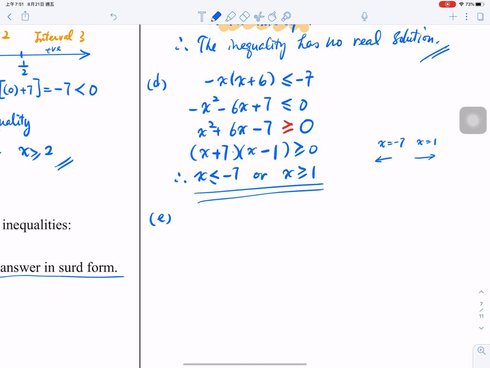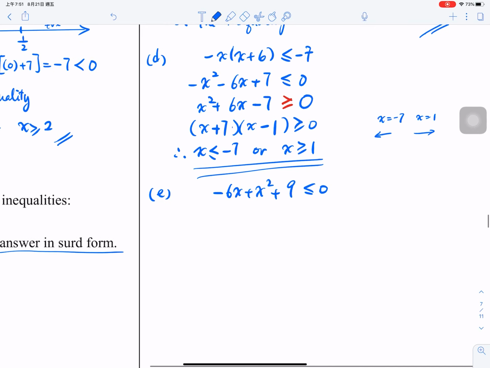Okay. Part E. Negative 6x plus x squared plus 9 smaller or equals 0. What's this? Remember, rearrange it like this. Right. This time positive x squared coefficient. Okay. So again, factorize, a perfect square this time. x minus 3 perfect square smaller than or equals 0.